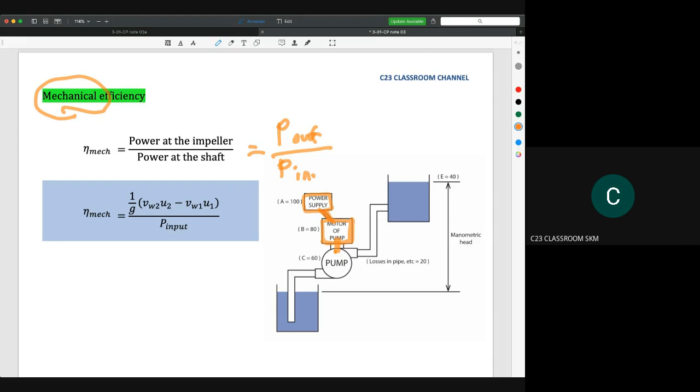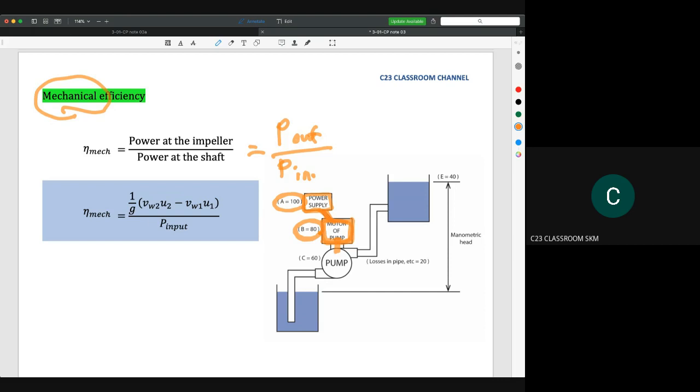So that means if the power supply gives you 100 of power, maybe the resistance inside the copper wire, the resistance inside the motor and so on will use 20 of them. So the only power that could be delivered from the power supply to the motor is 80.